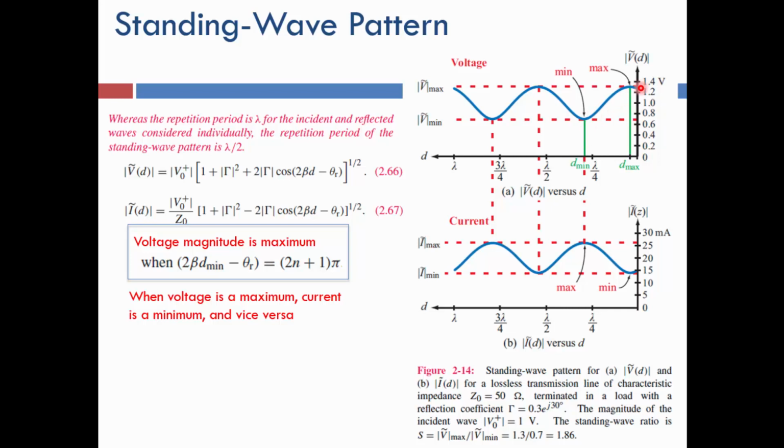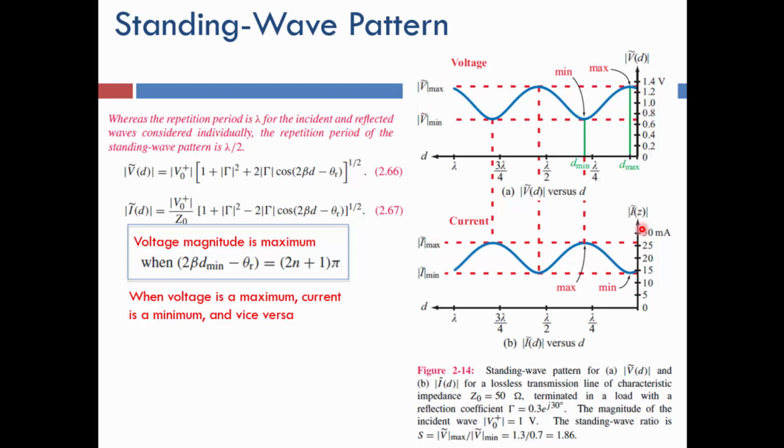Whereas in the case of a traveling or reflected wave, of course it is more logical that the wave repeats itself at each lambda. But in a stationary or standing wave, because it results from superimposition of 2 waves, it repeats itself each half of lambda for the voltage or for the current.